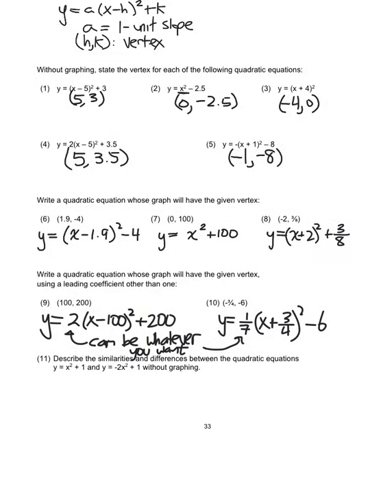And number 11, similarities and differences without graphing. One of them is more closely associated with the parent function, but they both have a vertical shift of 1 and no horizontal shift.